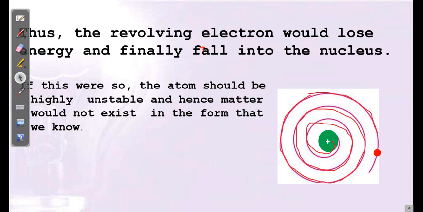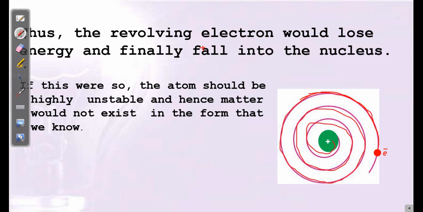Basically this is the structure of an atom which was proposed by Rutherford. This one is the electron, a negatively charged particle, and this electron moves around the nucleus just like a planet, and then one stage will come.